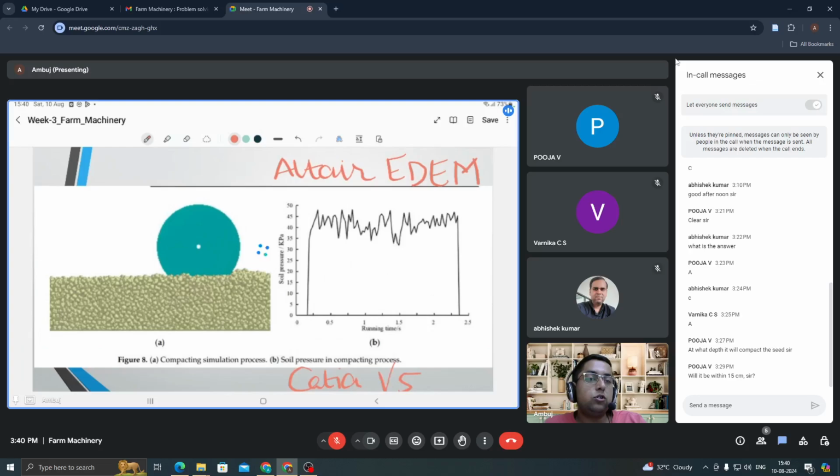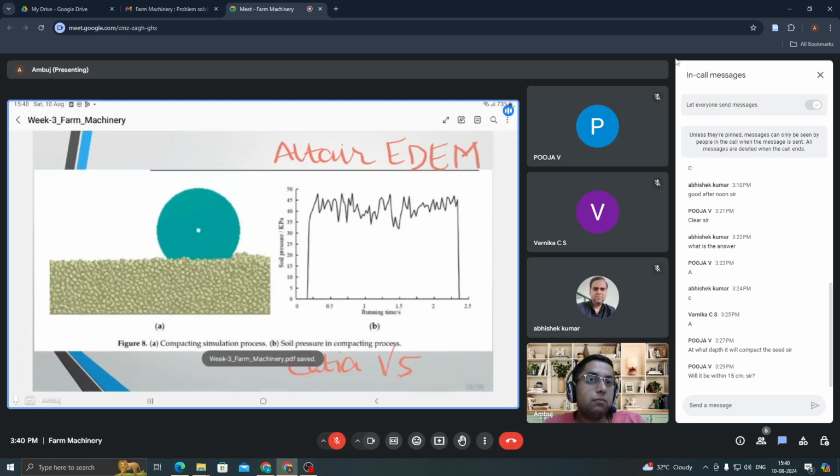Among these two softwares, I prefer KTA V5. It is very good for structural design. If you miss some constraint, it will auto generate that. That particular feature is not there in Altair EDM. In Altair EDM, first you have to simulate in your brain, then you can model the same in your computer.